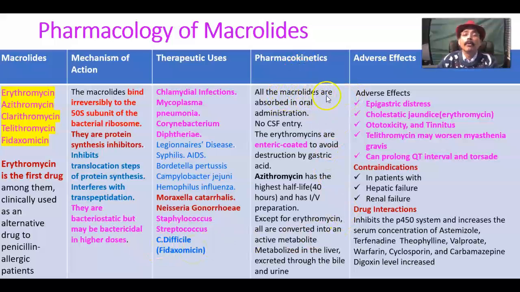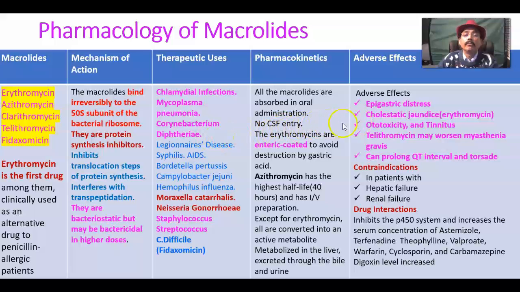Pharmacokinetics: all the macrolides are absorbed adequately by oral administration. There is no CSF entry, so they cannot enter the cerebrospinal fluid because they cannot cross the blood-brain barrier.